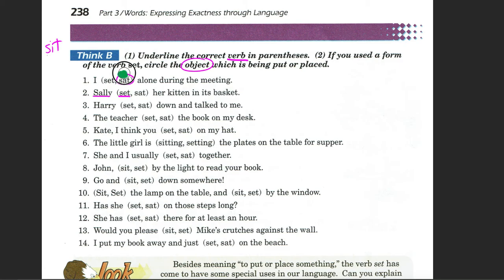I did this part wrong too. I should have underlined set instead of circling it. So, Sally set her kitten in the basket. Since I used the word set, I have to find the object. What's my object in the sentence? What am I setting down? The kitten, right?